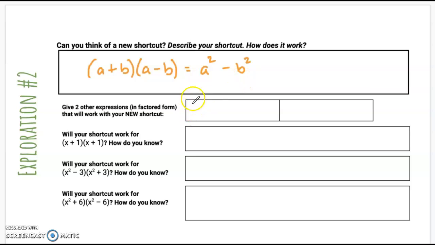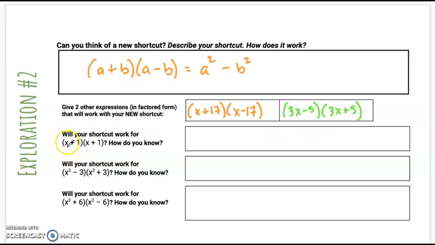So for example, if I had x plus 17 times x minus 17, that should work. Or another example would be 3x minus 5 times 3x plus 5. That should also work.